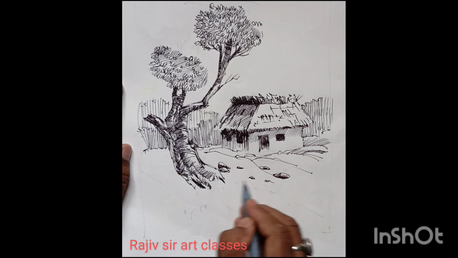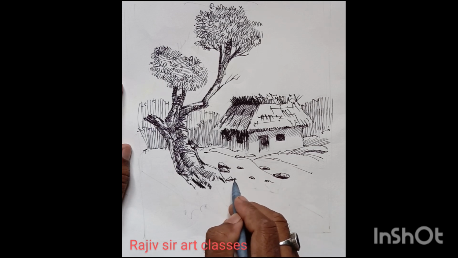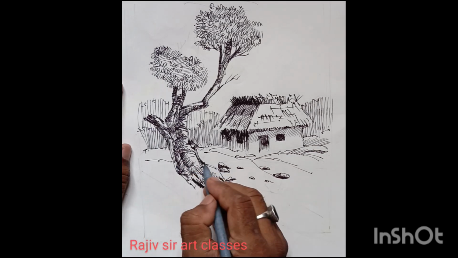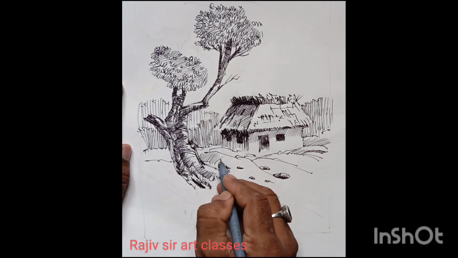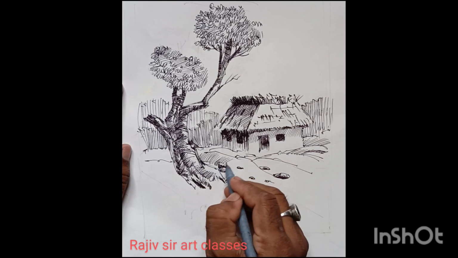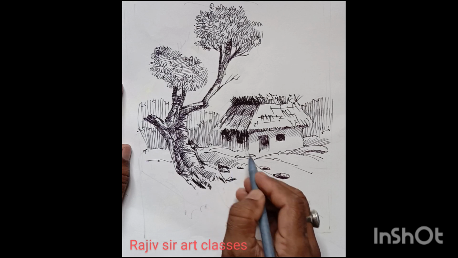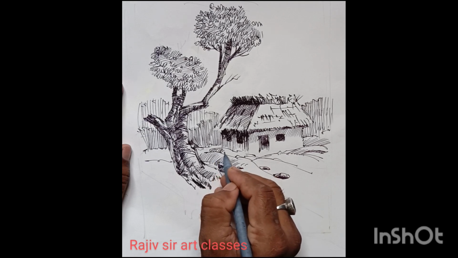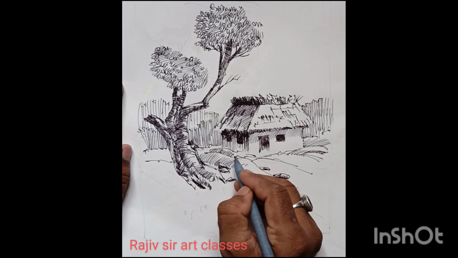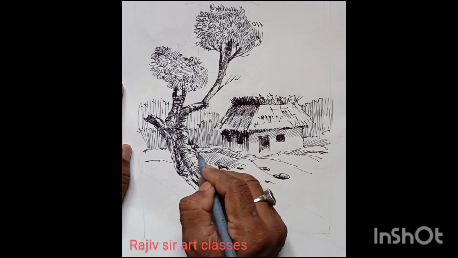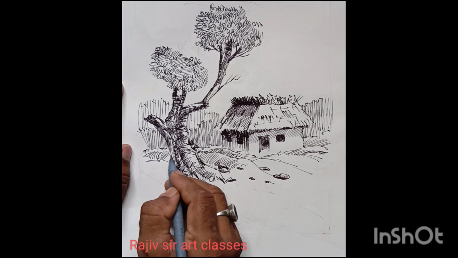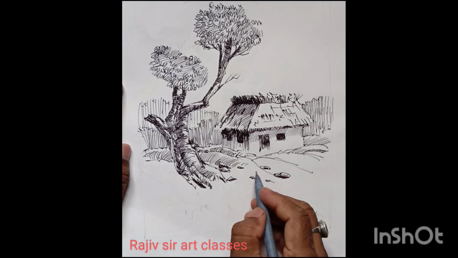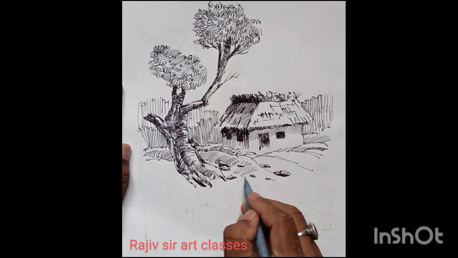These are just small stones here and there. I'm using these stones for the balance of the composition, and as I want the land to be not plain but to have ups and downs, that is why I'm keeping the lines in that way.